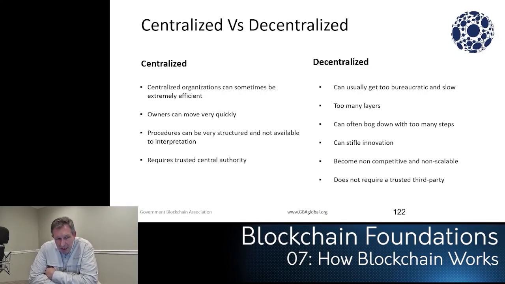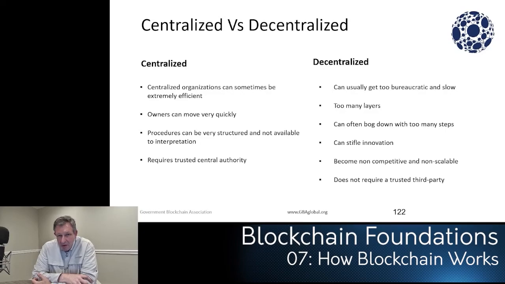Think about it as the difference between a military command structure and a Congress. A military command structure would be a centralized structure. Centralized organizations can sometimes be extremely efficient. The owners can move very quickly. Procedures can be very structured and not open to interpretation, but it generally requires trust in the central authority. Whether you have the trust or not, it does require a strong central authority.